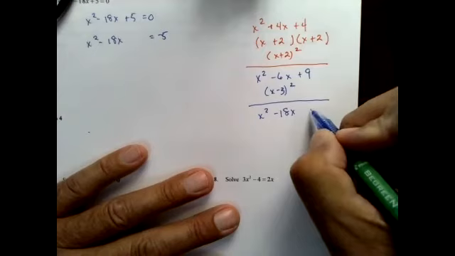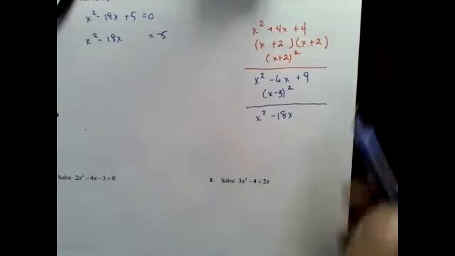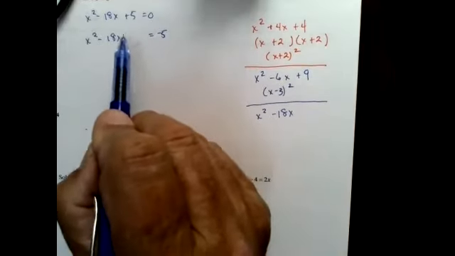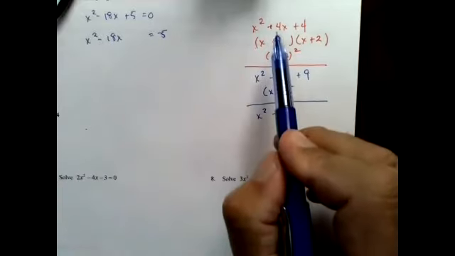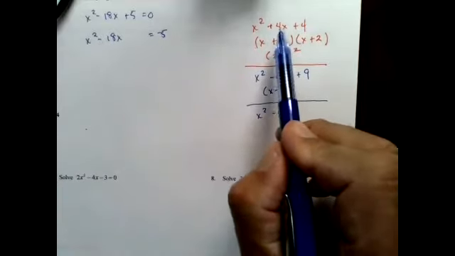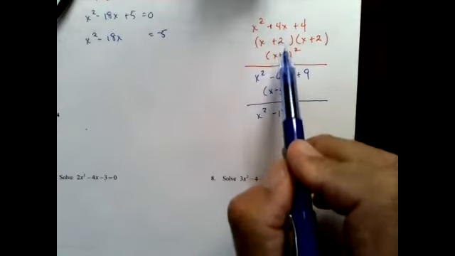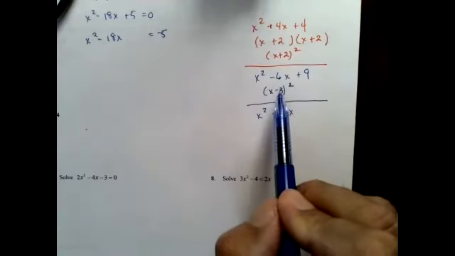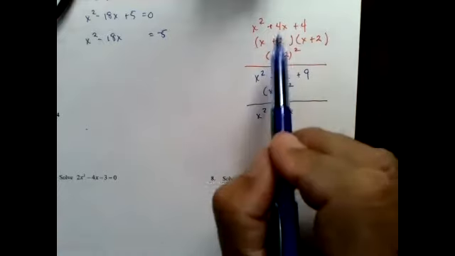I don't know this off the top of my head, but here's how we're going to figure out what that number needs to be. Because over here, I need to know what that number is going to be. So let's see, when this was 4x, I needed 2 and 2 to get to 4, right? Here's negative 6. I needed to get to negative 3. Here's negative 18. Let's see, is there a pattern?